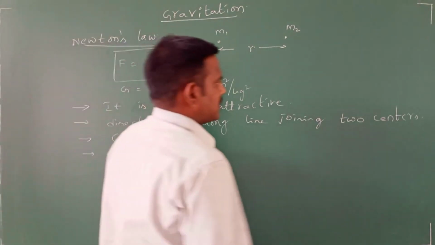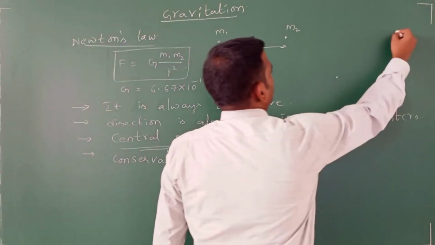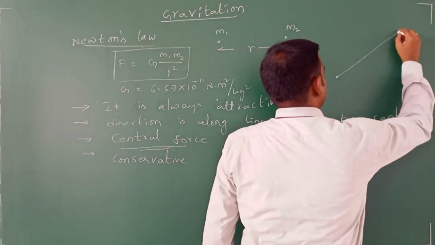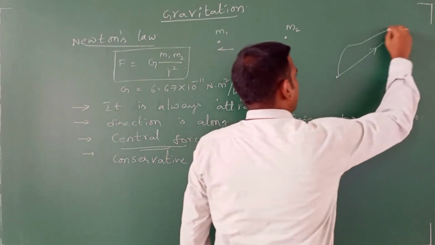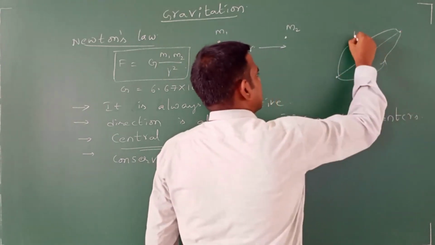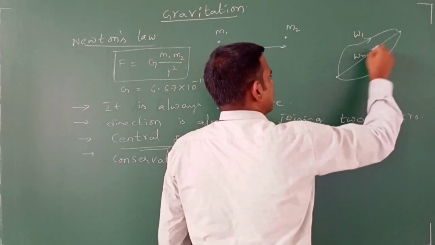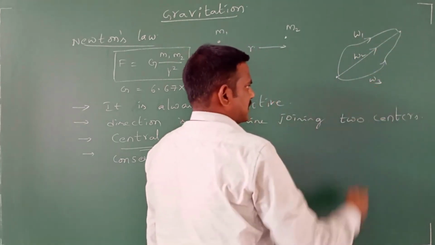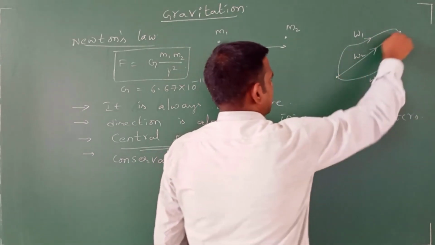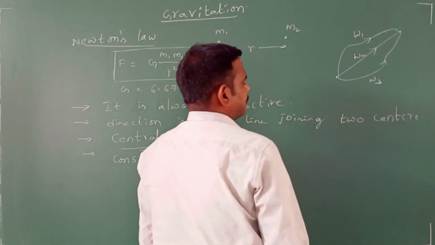Between any two points in the field, if I shift a point-sized mass through any path, the work done does not depend on the path. Say this path gives W1, another W2 and another W3.